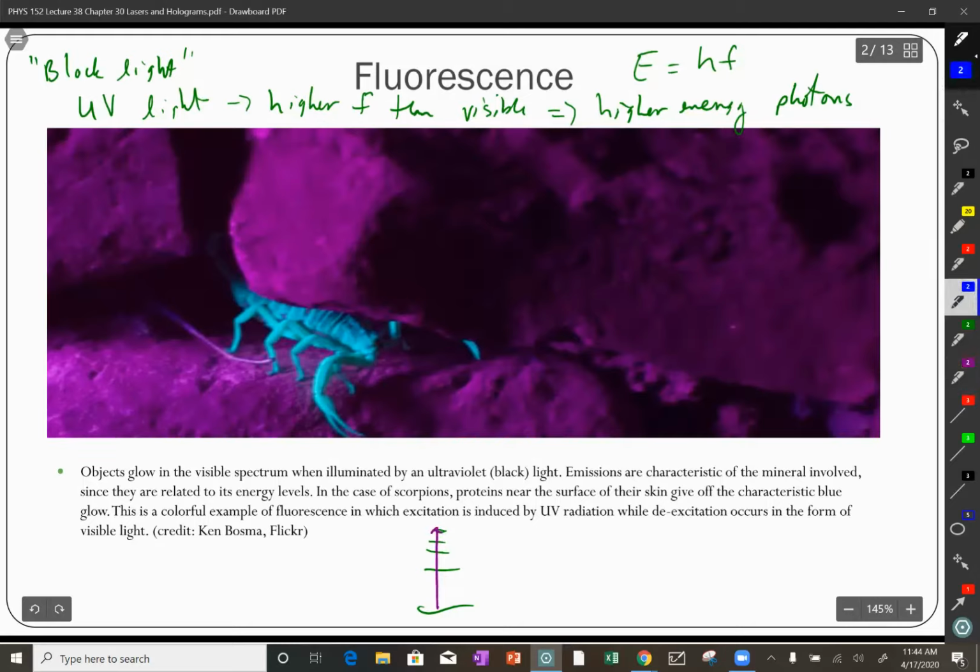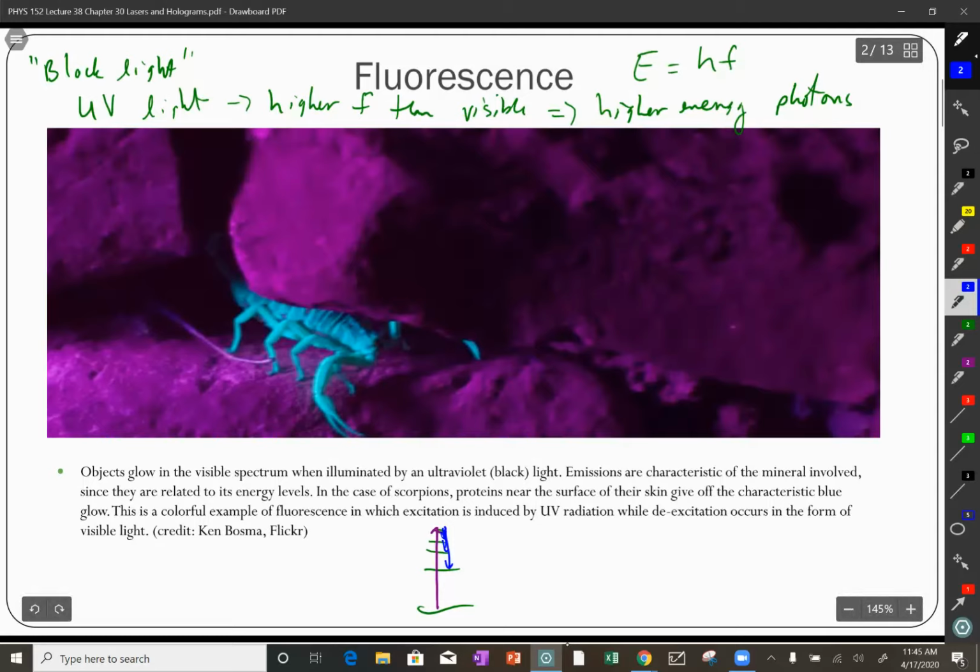But of course, if an electron gets excited up to that level, it's going to fall back down. And so it could fall there or there. And so it could give off different distinct colors associated with the energy levels available in the atoms we're shining the black light on. And so that's what gives us the glow. It absorbed ultraviolet photons, and then it gives off visible photons as the electrons fall back down.